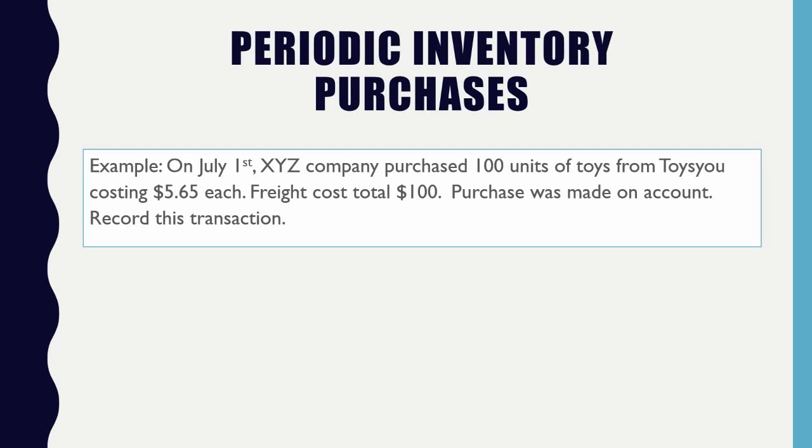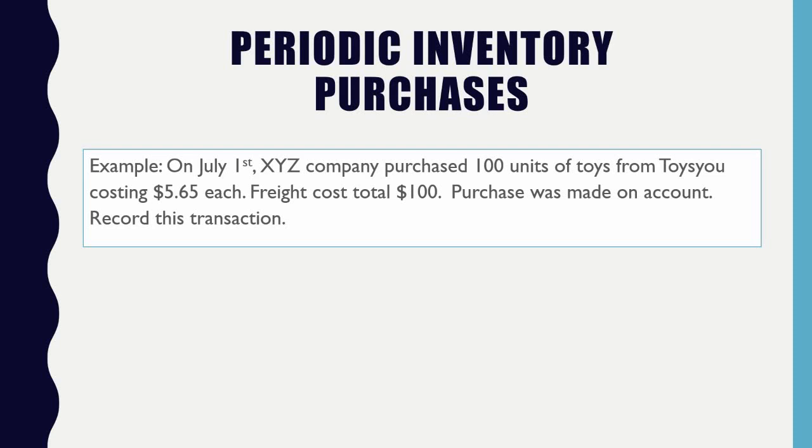Okay? So for this case, when we talk about the cost of the asset, as we looked at in the example earlier, there are many factors you have to include as part of the cost of inventory, or part of the cost of goods sold.